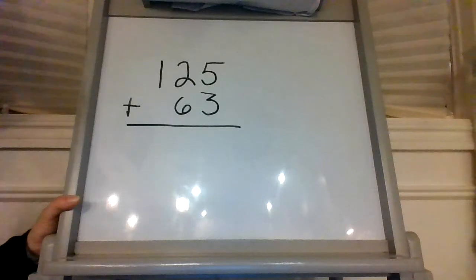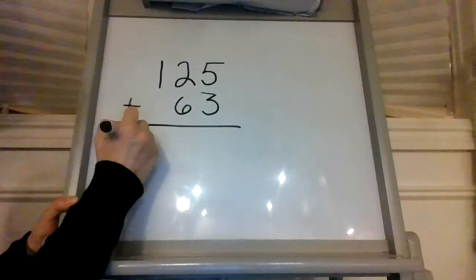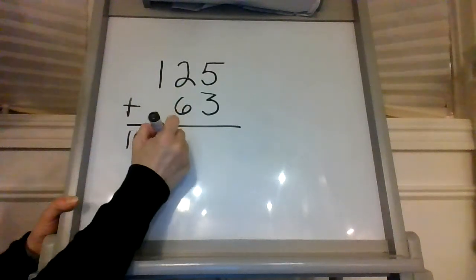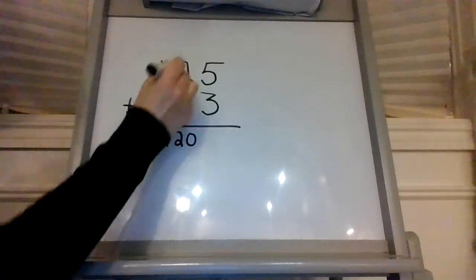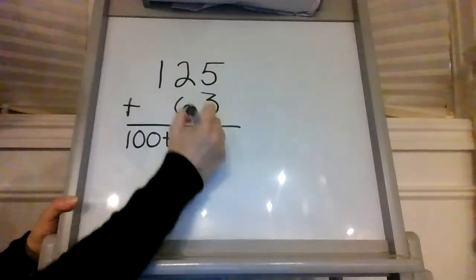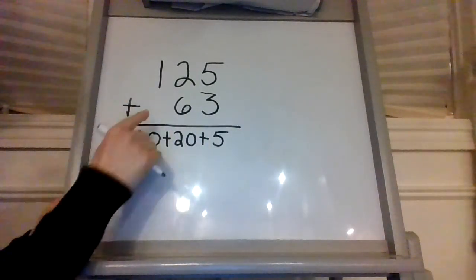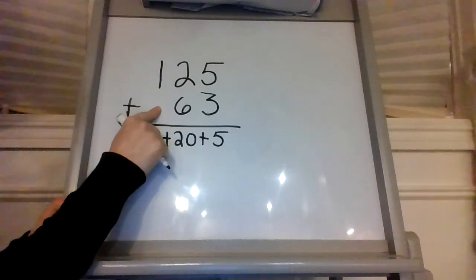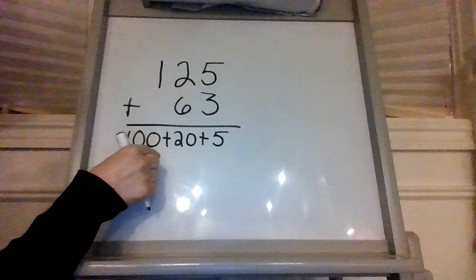When I make the number 125 in expanded form, 1 flat is 100, plus 2 longs is 20, plus 5 cubes is 5. Now when I go to this number, there is no hundreds place. So I want to make sure that I leave this blank.